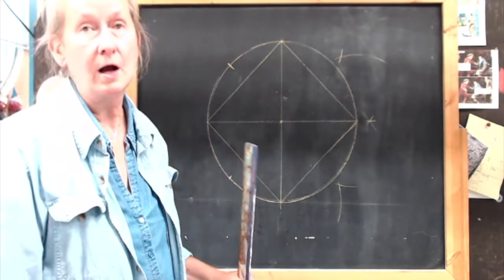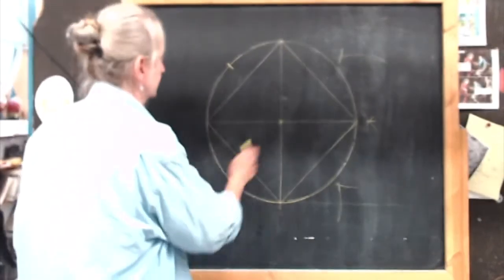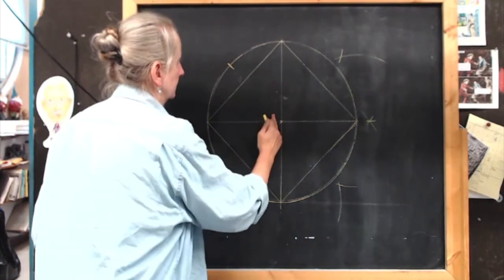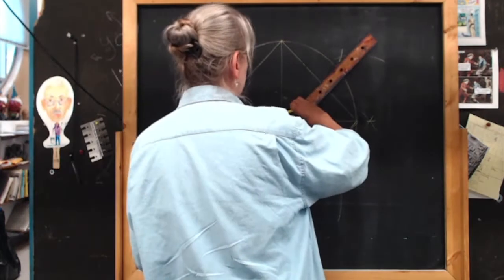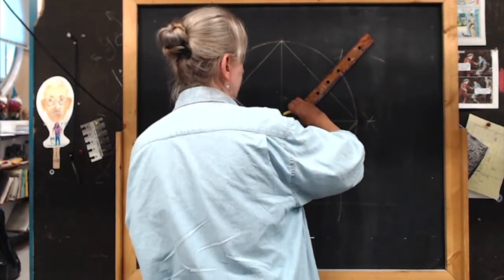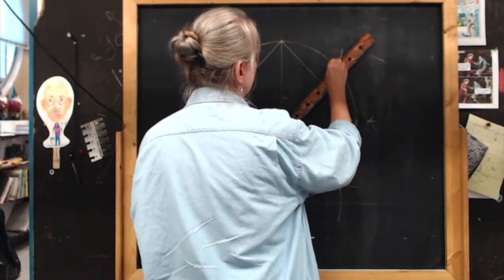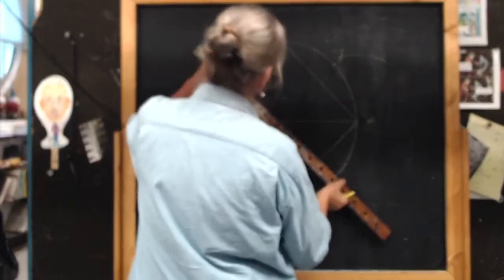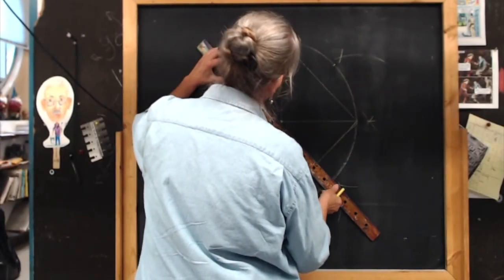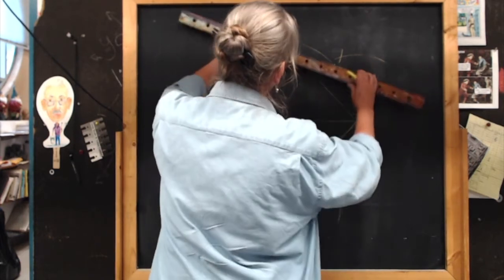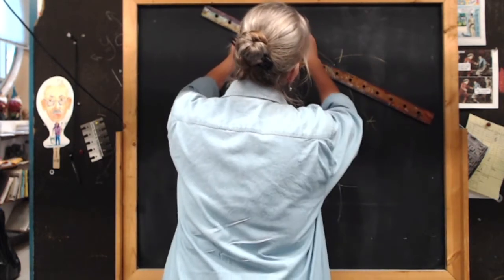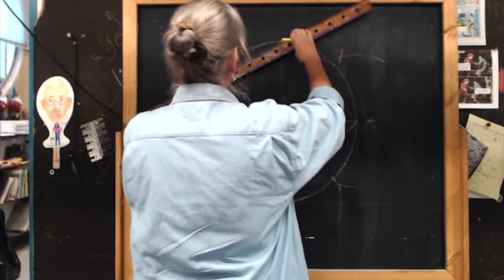I can bisect, cut up the pie even deeper, right? And actually I need to do this because I need to have that point on the circumference of the circle. So, and then all I have to do is go from point to point.